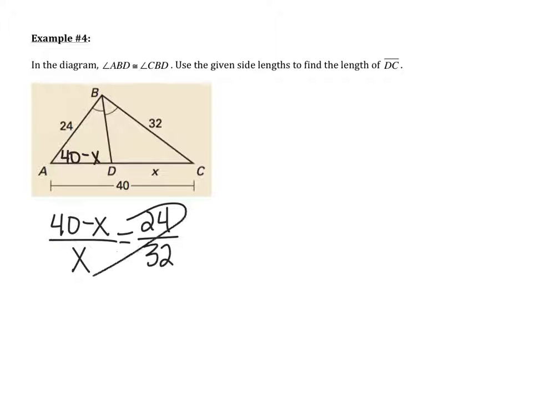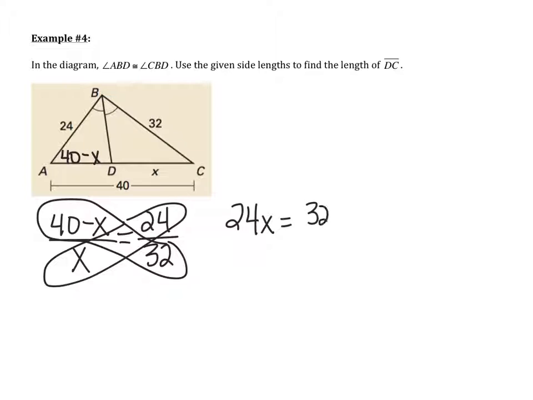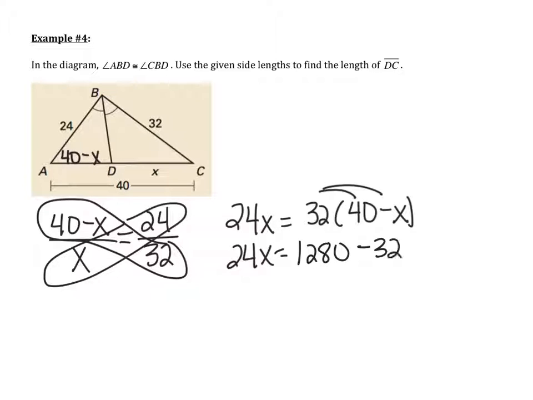So when I cross multiply this time, I have to realize when I take 32 times 40 minus x, I have to put the 40 minus x in parentheses. So I'd end up with 24x equals 32 times 40 minus x. So the first thing I would do is distribute. So 24x equals 1,280 minus 32x.